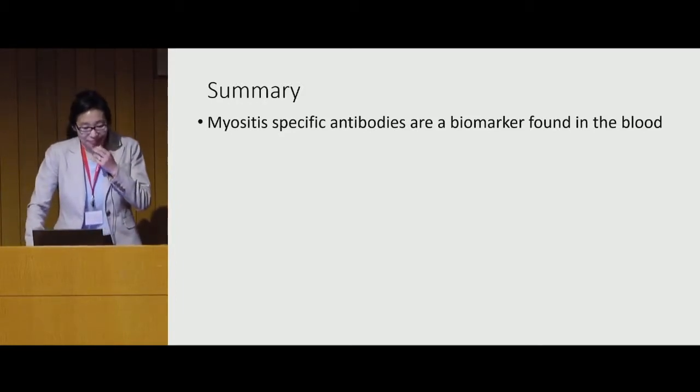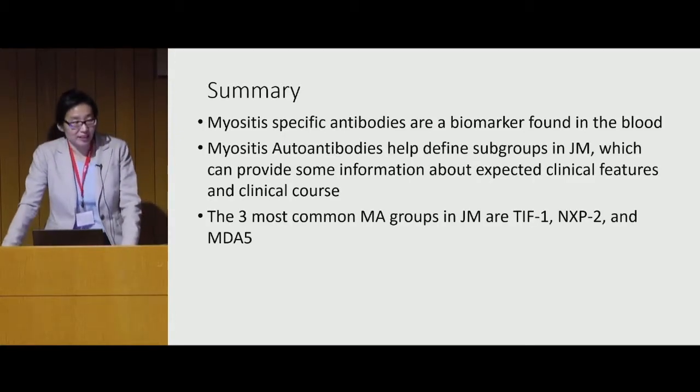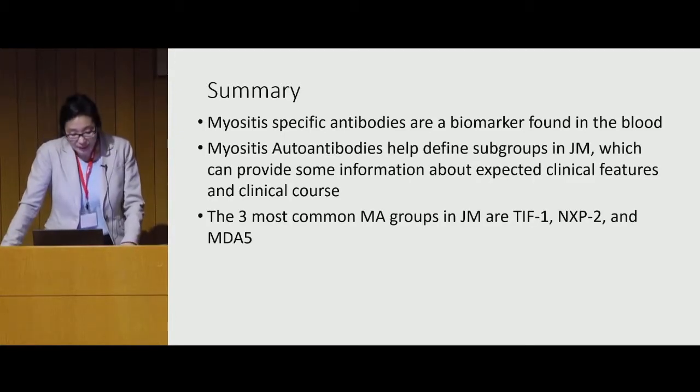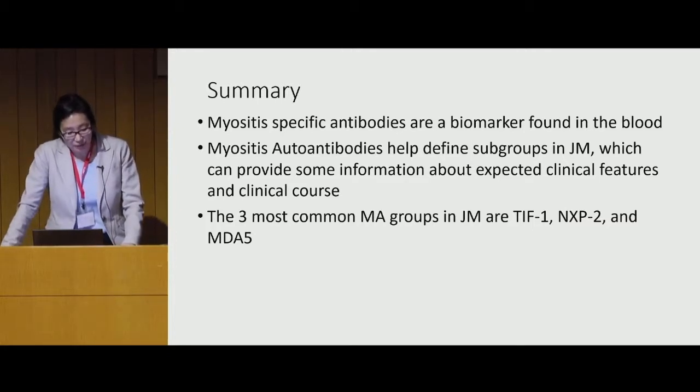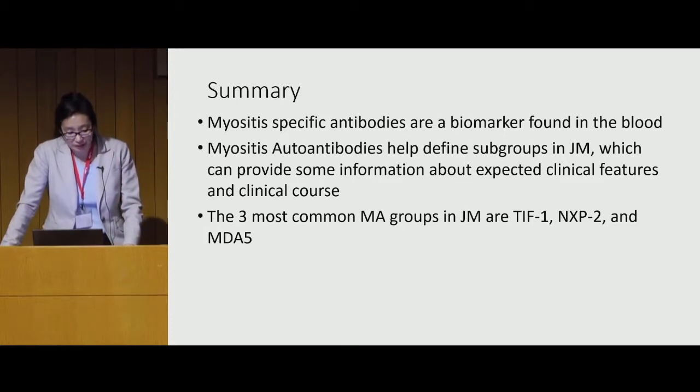So as a summary, myositis-specific antibodies are a biomarker found in the blood. And we think that they are useful because they can help define subgroups in juvenile myositis and can provide some information about what to expect as far as clinical features and the clinical course, and sometimes may even be helpful with diagnosis if someone has an atypical presentation.